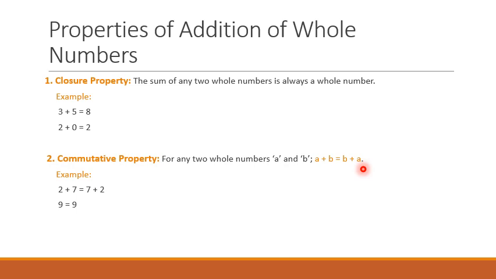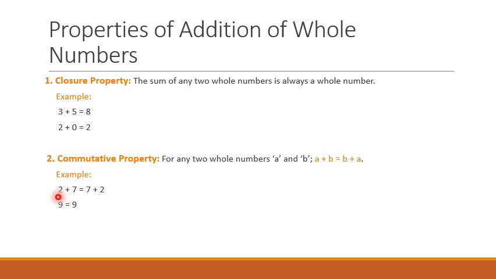If I take any two whole numbers and add them, the sum remains the same irrespective of the order of the two numbers. If I write a plus b or b plus a, the sum is going to be the same only.